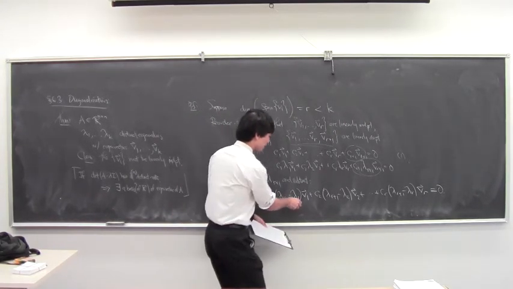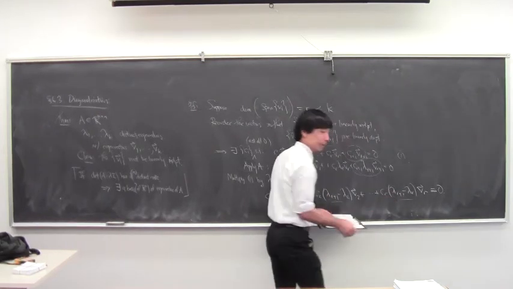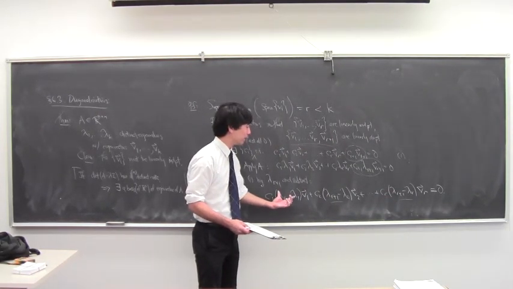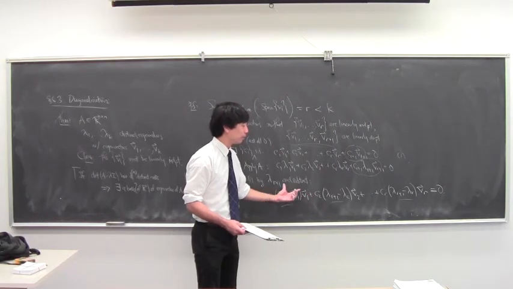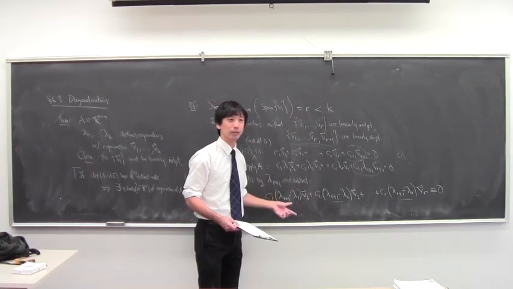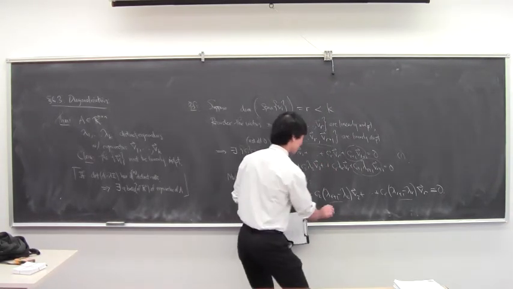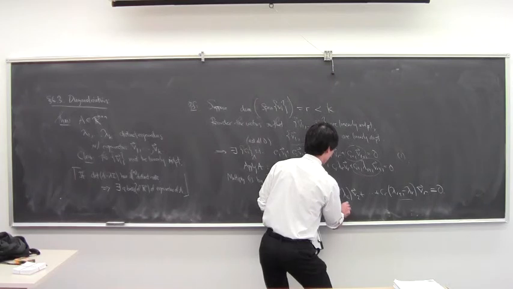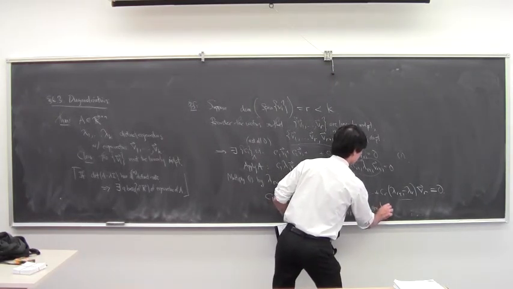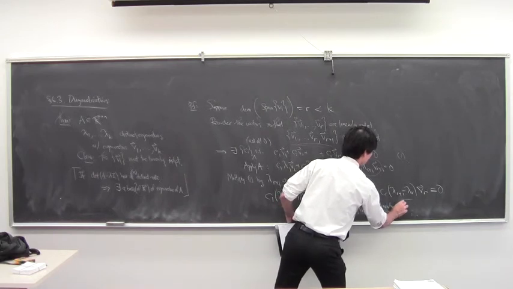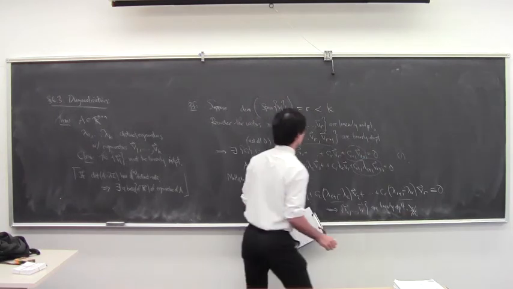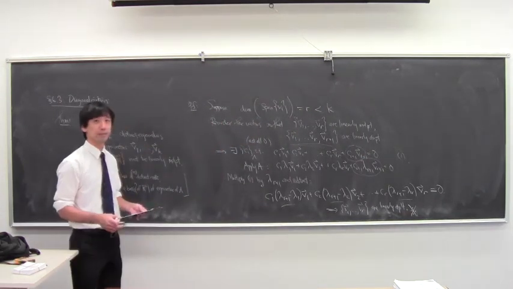So we have a linear combination where the coefficients are not all 0, yielding the 0 vector. In other words, v1 through vr are linearly dependent. So that's a contradiction, because we said they were independent.